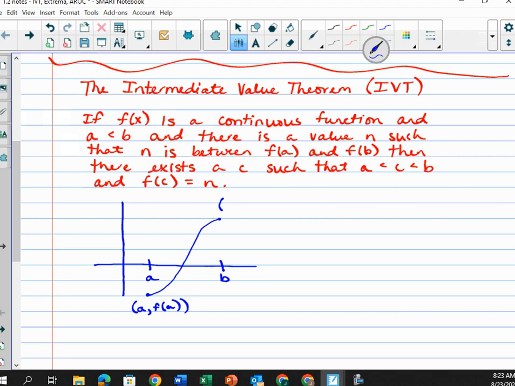And the second point, B, f of B? Does that make sense? With me? Okay. So n has to be between f of A and f of B. So n is a y value. All right, so I'm just going to say n is, oh, we'll say it's here on the y-axis.